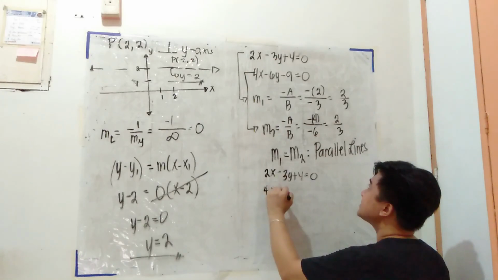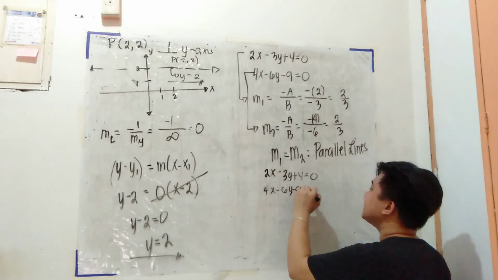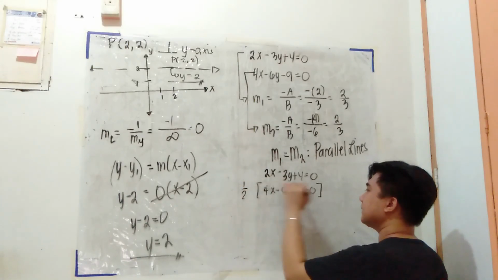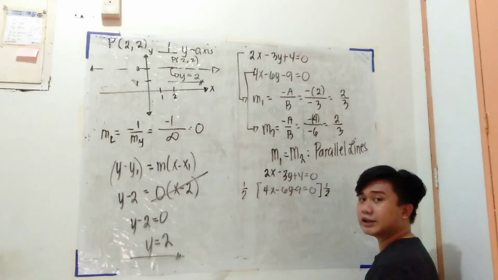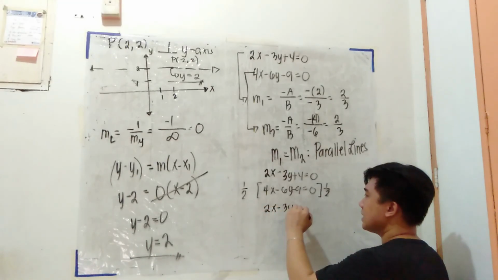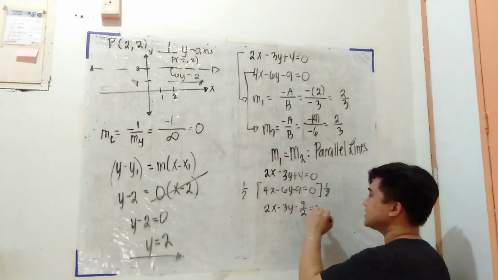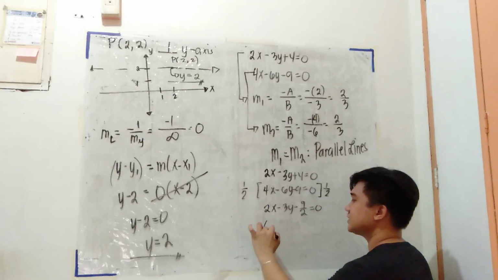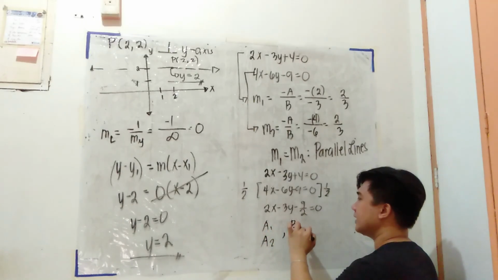Another characteristic of parallel lines: 2x minus 3y plus 4 equals 0, and then 4x minus 6y minus 9 equals 0. For the second equation, I multiply both sides by 1/2, or reduce it to lowest terms. This is 2x minus 3y minus 9 over 2 equals 0. Now, what can you notice about the coefficients A1 and A2, and B1 and B2?